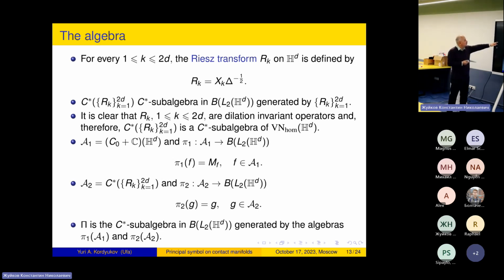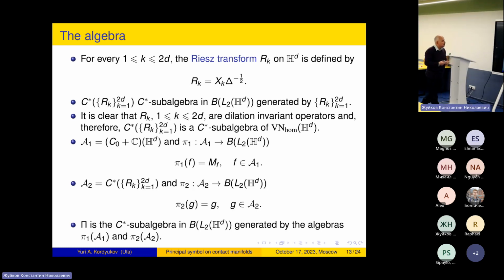And let's consider the C* algebra generated by these operators. It's easy to see that these operators are dilation invariant, so they are homogeneous with respect to our dilation.